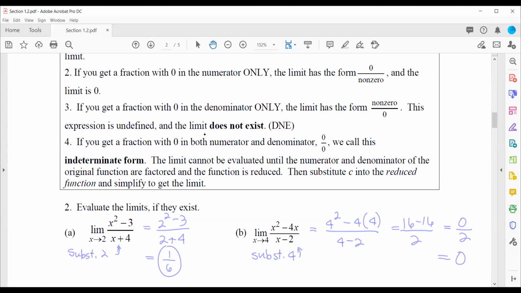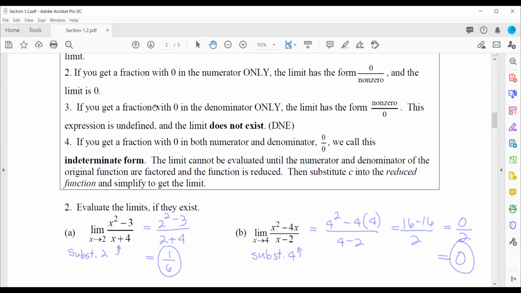And 0 divided by 2 is equal to 0. If you don't believe it, put it in your calculator. So that's the second case. 0 divided by a non-zero number equals 0. 0 divided by anything except 0 itself. And so the limit in that case equals 0.